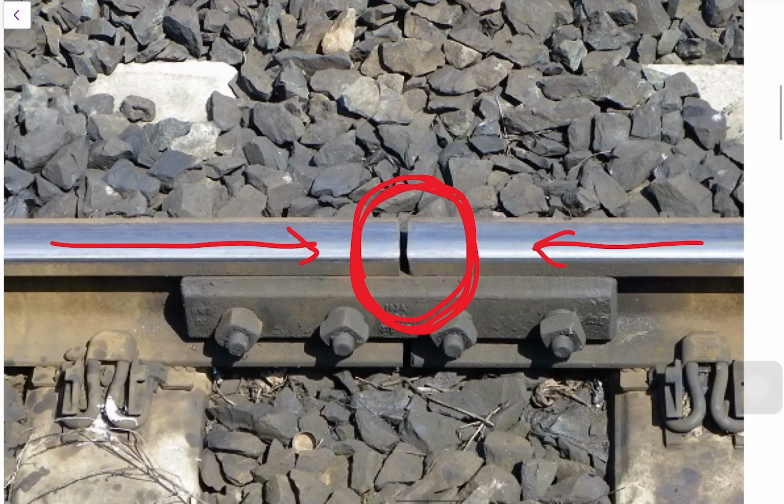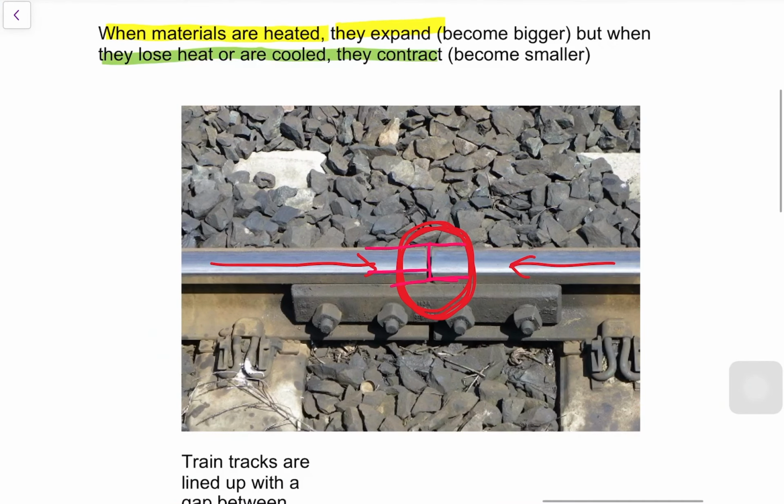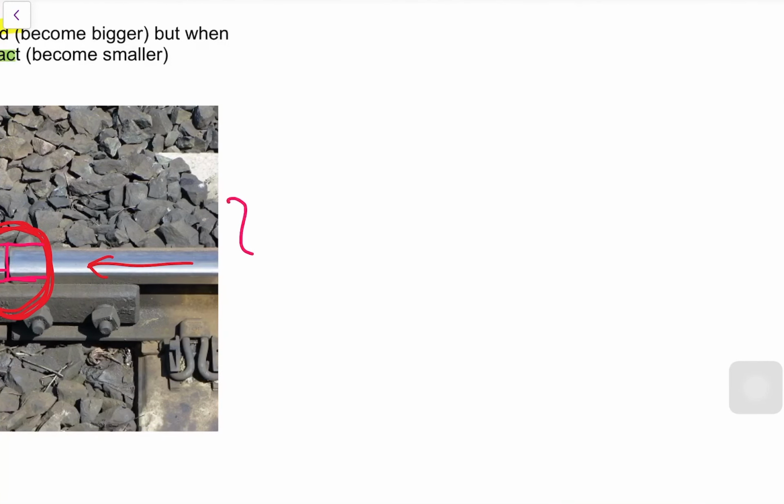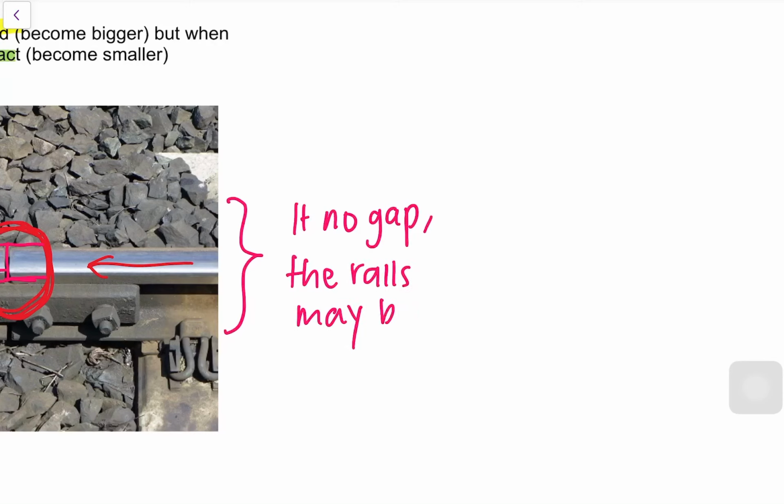So this space over here is to allow a space for the rails to fill up in the event that they expand during a very hot day. If there is no gap, the rails may bend and damage itself.